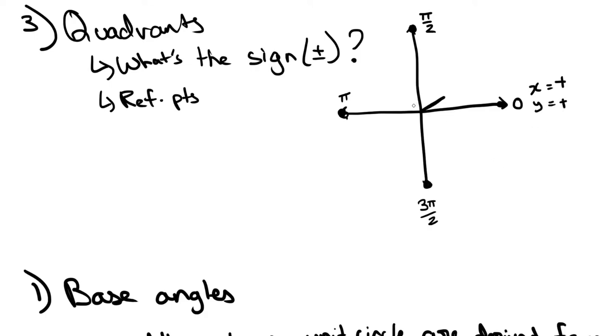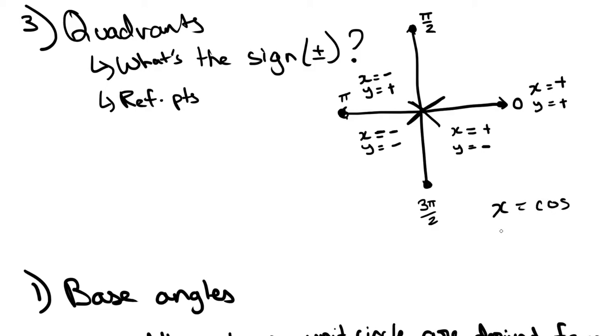If it's over here, x is negative, y is positive. Down here, x is negative, y is negative. Down here, x is positive, but y is negative. And you already know that x is equal to cosine and y is equal to sine.